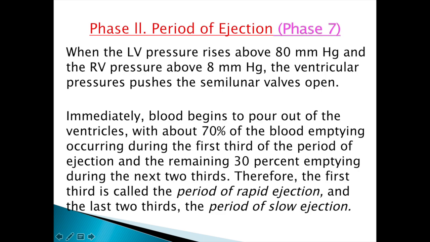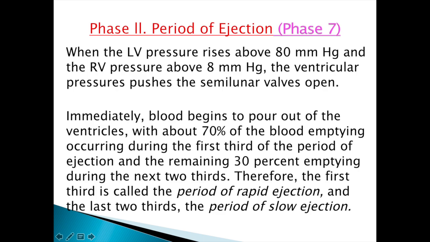Immediately blood is poured out of the ventricle, with about 70% of blood emptying occurring during the first third of this period of ejection, and the remaining 30% emptying within the remaining two thirds. Therefore, the first phase is called the period of rapid ejection, and the second phase is called the period of slow ejection.